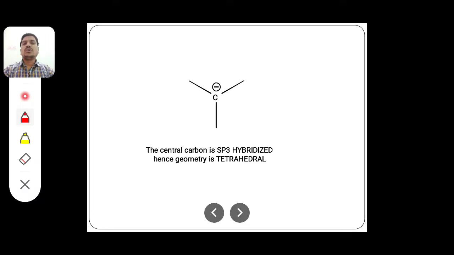Those 4 atomic orbitals around carbon will arrange themselves tetrahedrally, and the negatively charged carbon will acquire sp3 hybridization, and hence geometry will become tetrahedral.